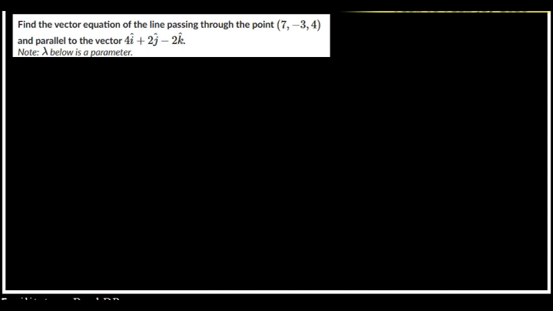So this question is type 1, where r is equal to a plus lambda b, where b is the given vector which the line is parallel to, and a is the point the line passes through. So this shall be our point a, and this vector is our vector b.